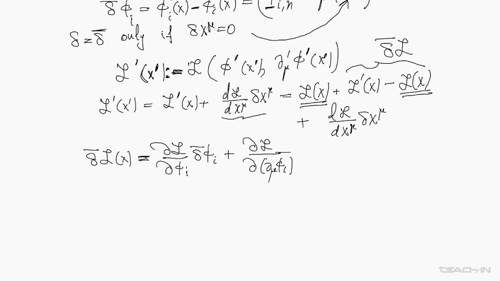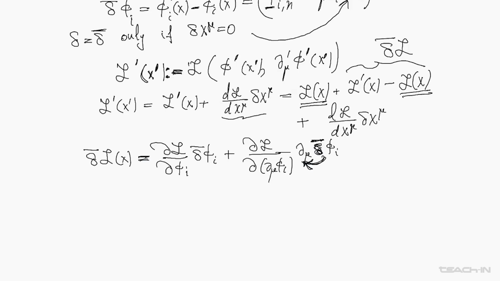Here I use the fact that the variation of the form commutes with the space-time derivative. This is very important, because it allowed me to move this δ̄ close to the field φ_i, to pull it through the derivative ∂_μ. So these two things commute with each other.